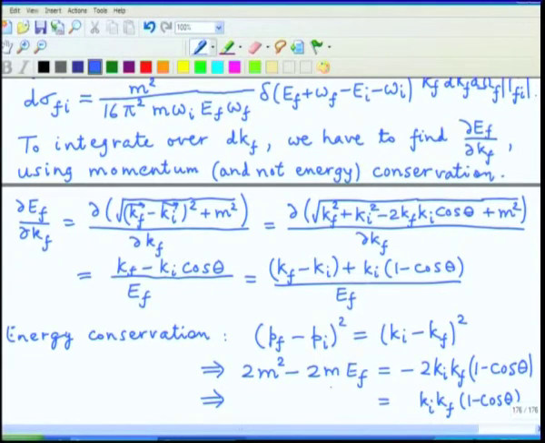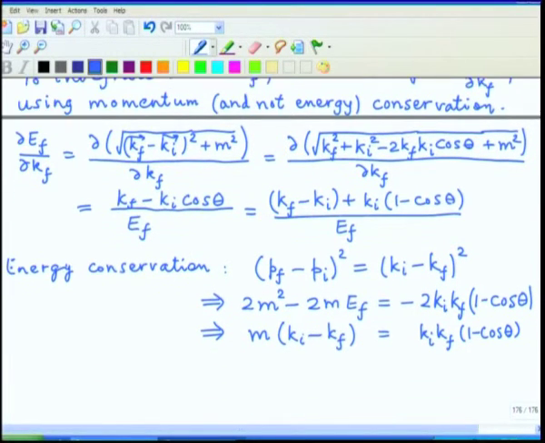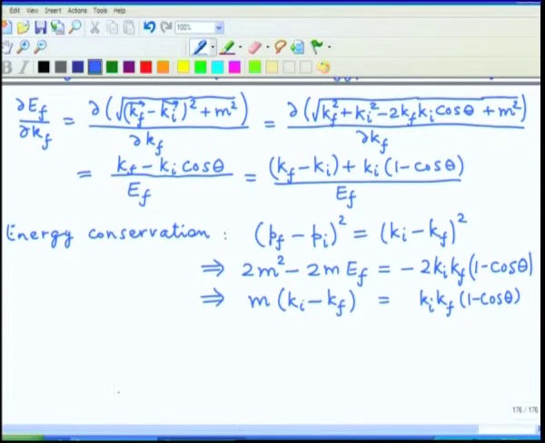And on the left hand side you have m as a common factor, and then E_f minus m, but E_f minus m is the same as k_i minus k_f by energy conservation of just the 0th component. And so, this is an identity which follows and which now can be used to simplify the expression for the derivative which we wanted.